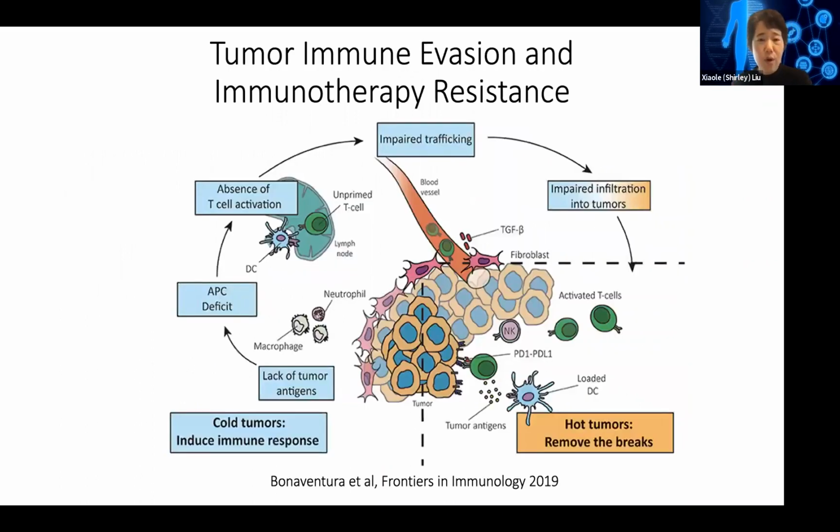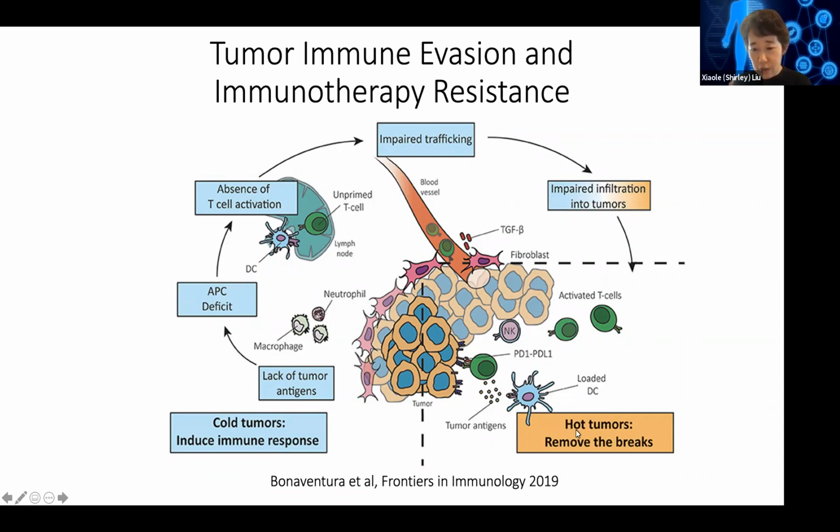So overall, in terms of tumor immune evasion, meaning how the tumor initially develops, and also immunotherapy resistance, meaning that they don't respond to, for example, the current PD-1, PD-L1 antibodies, there are a number of different mechanisms, right? So this is a review in 2019 where they mentioned a few things. So let's first look at this first case.